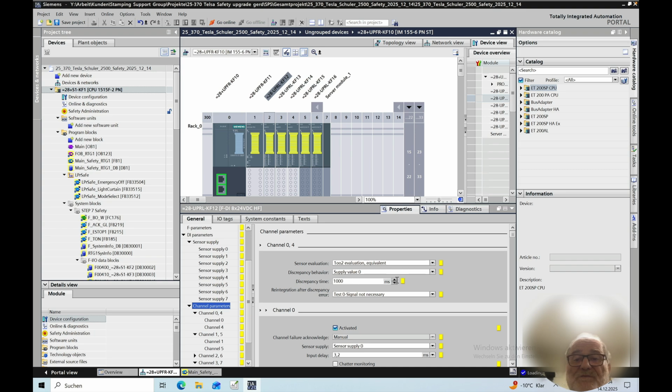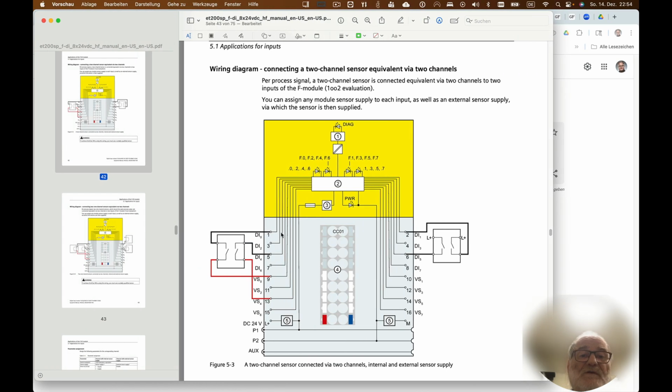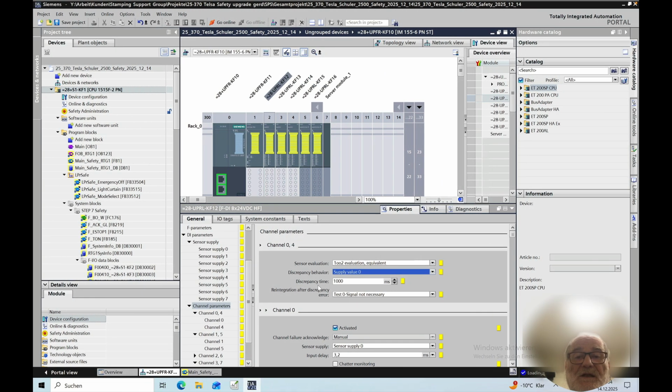The discrepancy behavior is: if there is a discrepancy in the channel, for example input 0 goes off due to a wire break or something, then you get a discrepancy behavior, and then your supply voltage should go to 0, and the module will be passivated, and this I also explained in another video already.